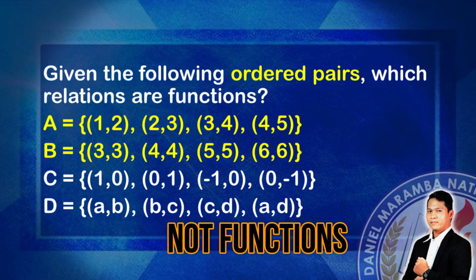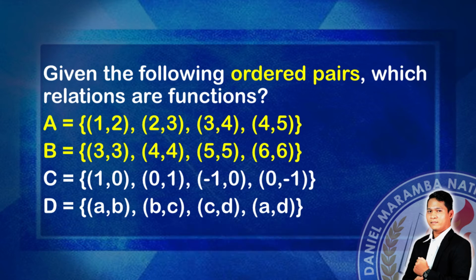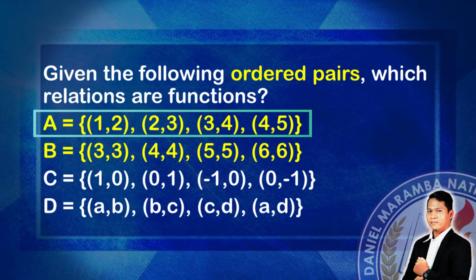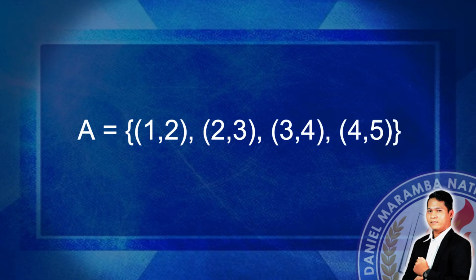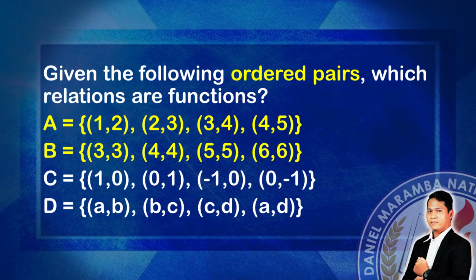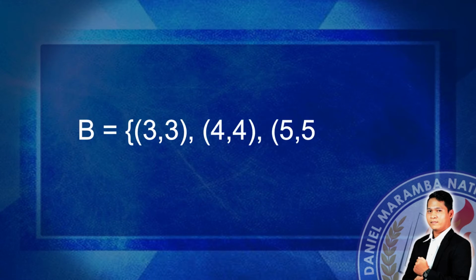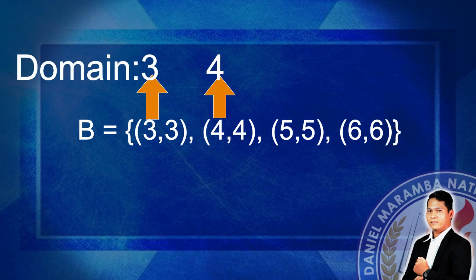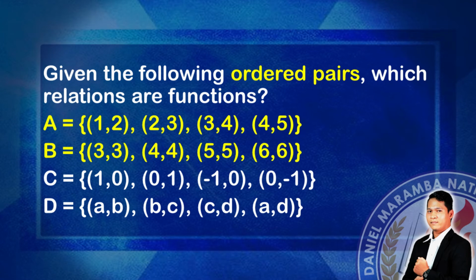Bakit? So tignan nating maigi. Ang set A ay merong domain na 1, 2, 3, at 4. Meron bang naulit sa kanila? Wala. Susunod, tignan naman natin ang set B. Ang kanyang domain ay merong 3, 4, 5, 6. Meron bang naulit doon sa element ng domain? Wala rin.